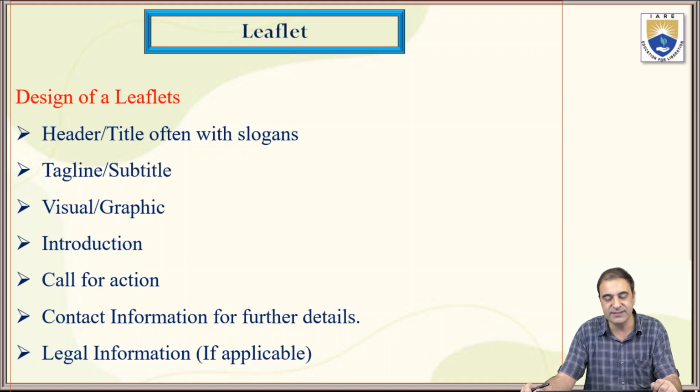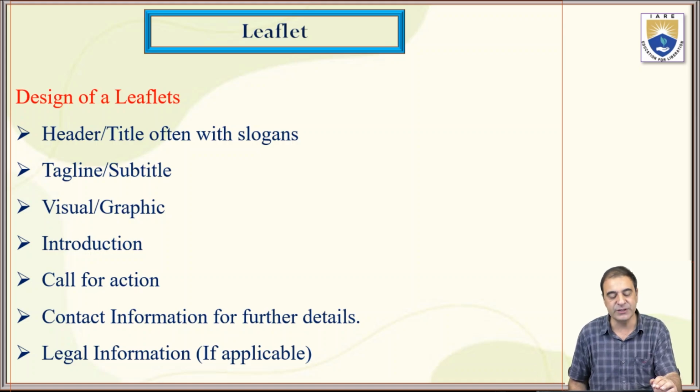The next one is the visuals or graphics. Here we make use of different visuals, graphics, drawings, etc. And the next, it's followed by introduction and then call for action and contact information for further details, and at the end we put legal information if applicable. Now we will take these components one by one.